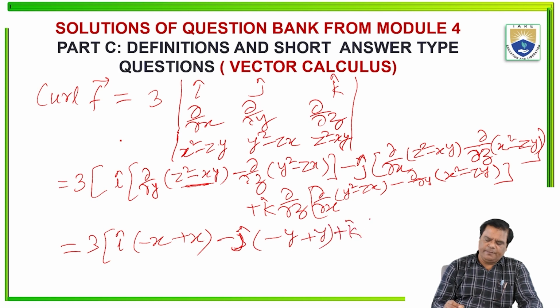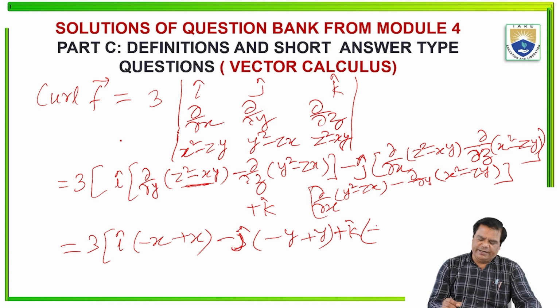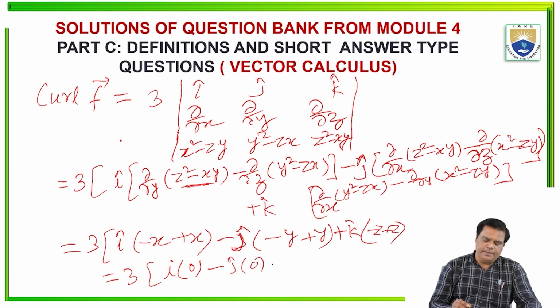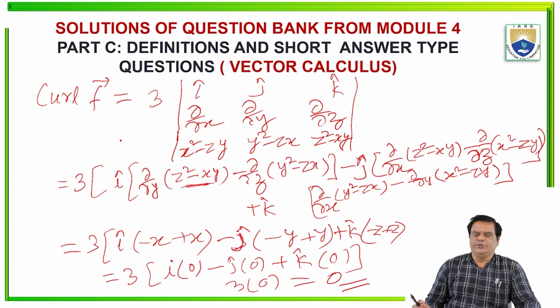And plus k, with respect to x is minus z and plus z. So now 3 into i into 0, minus j into 0, and plus k into 0. So finally we get 3 into 0 equal to 0. So the value of curl f is 0 here.